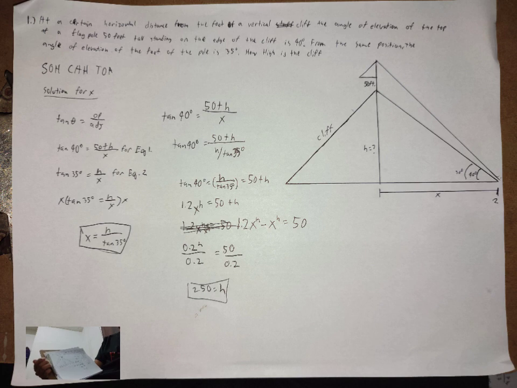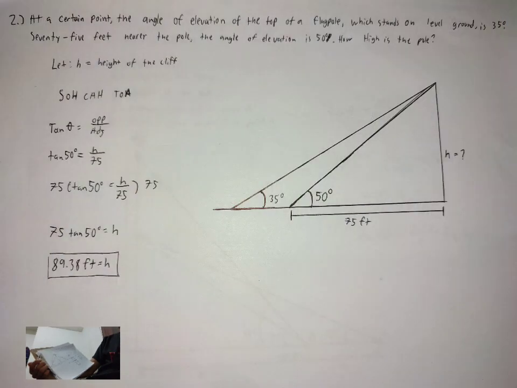So 1.2 multiplied by height is equal to 50 plus height. So 1.2 times height minus height is equal to 50. So divide both sides by 0.2, and it will give you the answer: height is equal to 250.